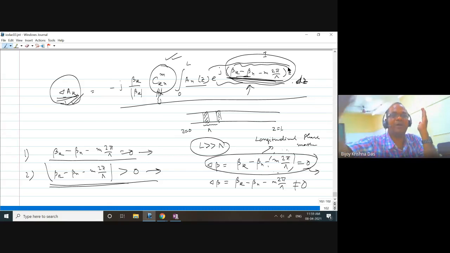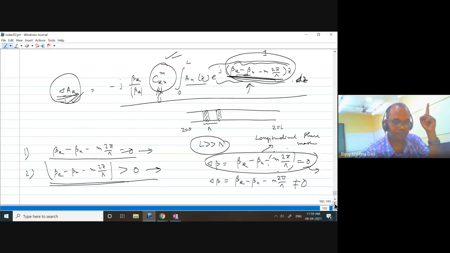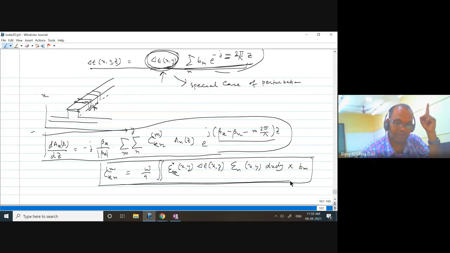If you have some kind of perturbation and phase matching condition, then a power exchange can take place. But that power exchange depends not only on the phase matching condition; you have to see how the two modes overlap. That means you have to look into that equation; this value should be non-zero. Whatever integration you get, if somehow this integration is giving 0, then of course no coupling will be there.